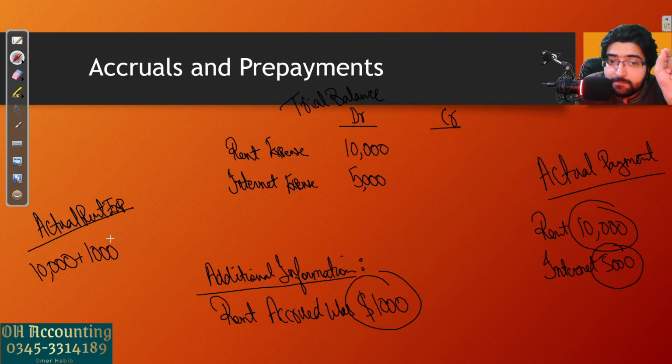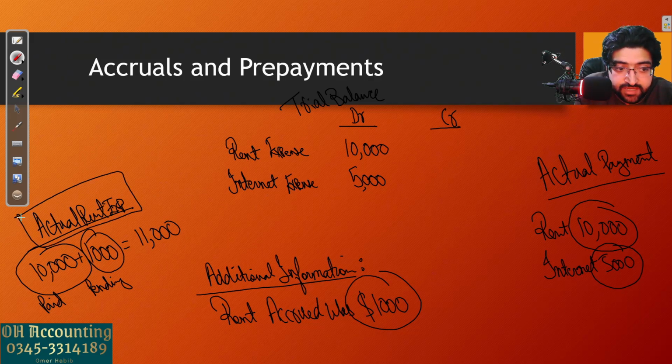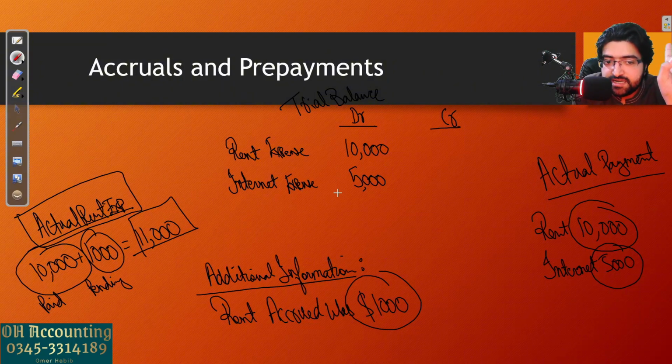Even though I'm not paying this amount, the actual rent expense of the current year is 11,000, right? Because this is the amount I paid and this is the amount that is accrued or pending. So regardless of how much I pay, the actual rent expense of the current year was 11,000. So in the income statement, I have to show rent expense as 11,000.